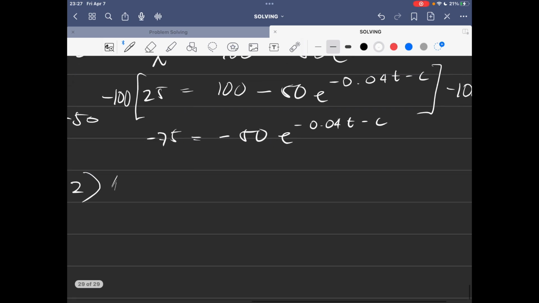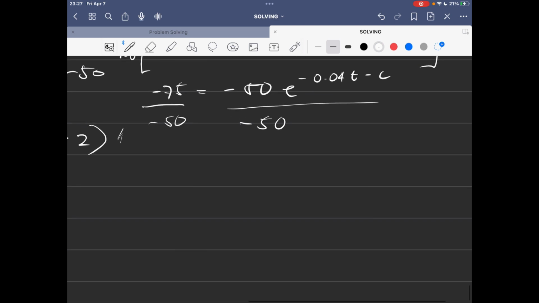And after that, we can divide both sides by negative 50, which we can get 3 halves if we divide negative 75 over negative 50. So 3 halves is equal to e raised to negative 0.04 t minus c.